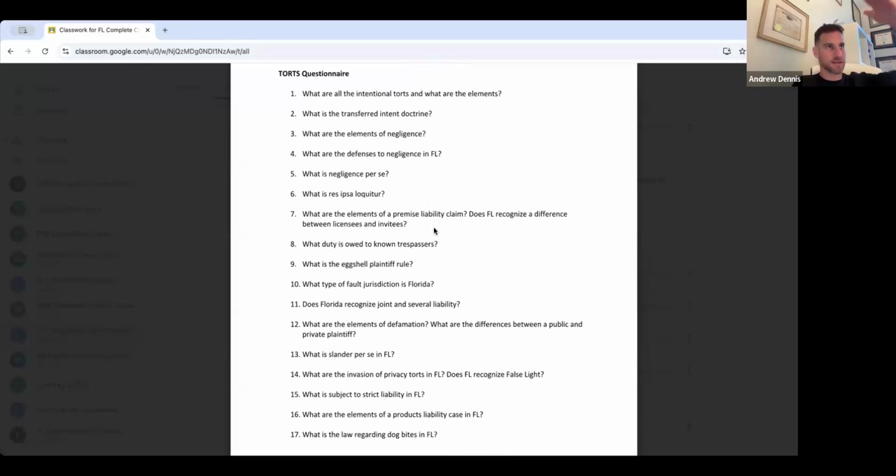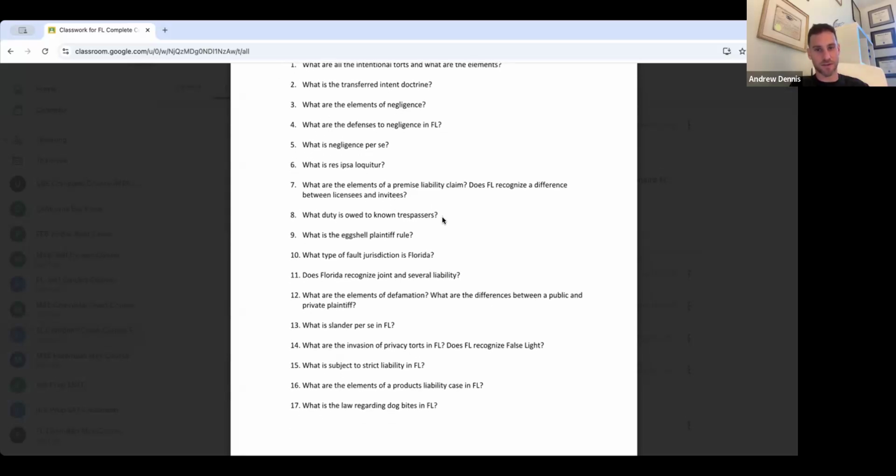Invitee has the highest duty of care, unknown trespasser has the lowest duty of care. Florida is pretty complicated on this. Licensees, invitees, I would recommend just talking about them separately, but you could note that Florida may recognize something known as an invited licensee, which is kind of like a hybrid between the two.